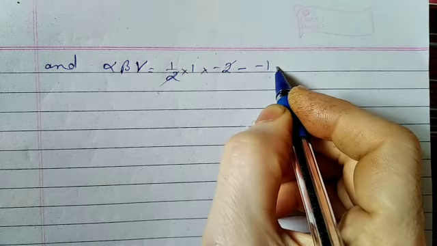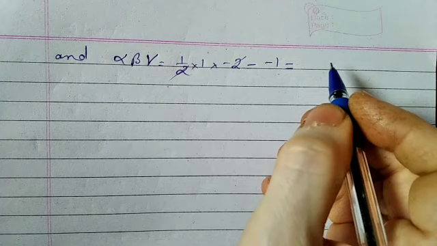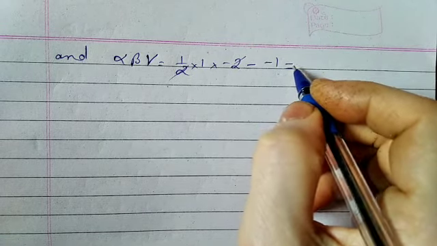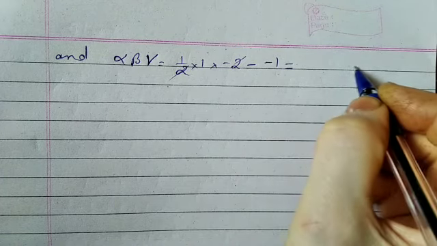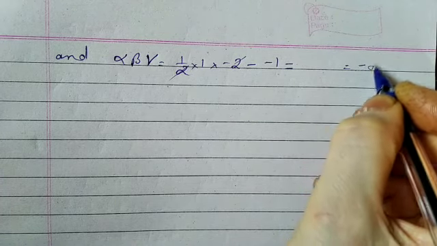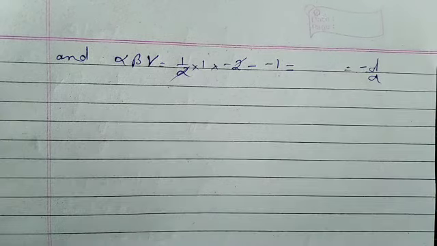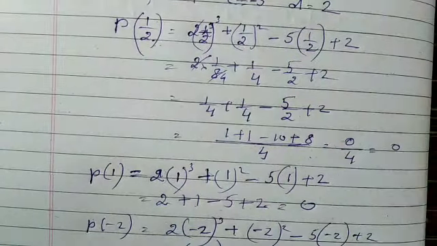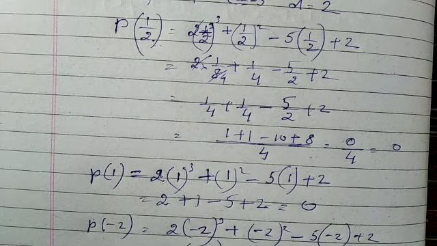We know that this is equal to minus d by a, and here d is equal to 2 and a is equal to 2.